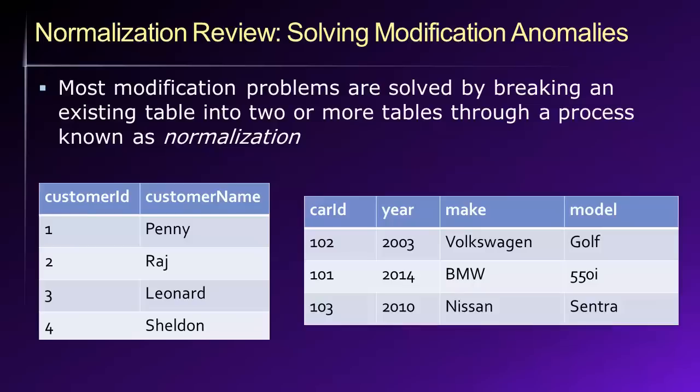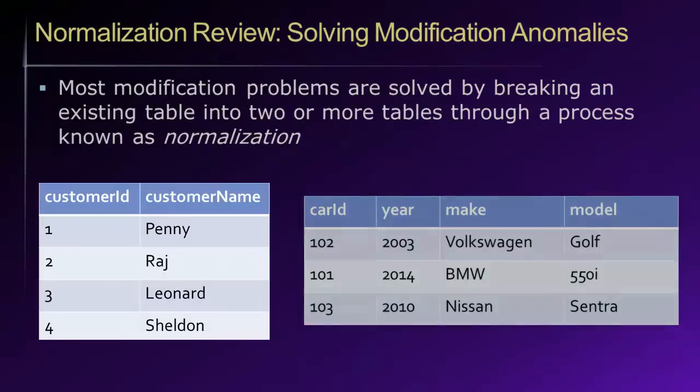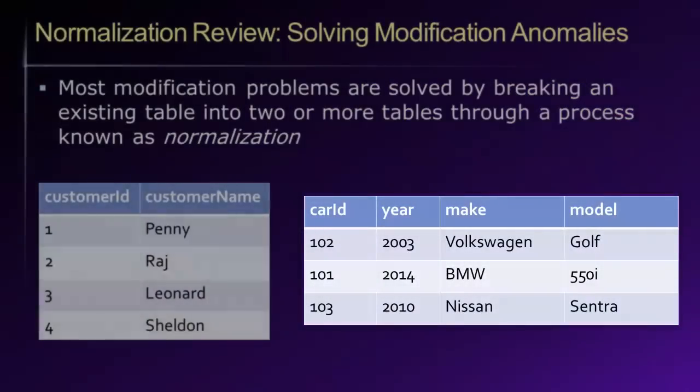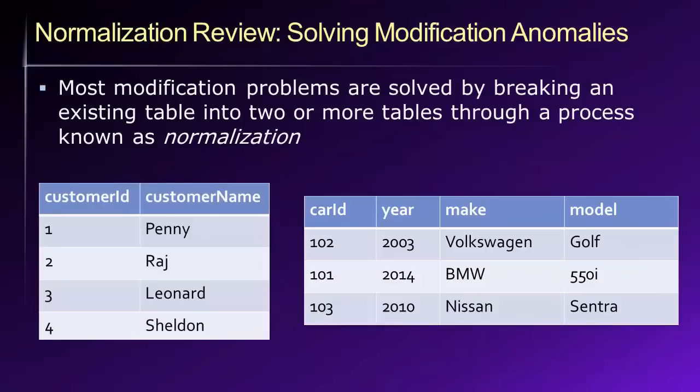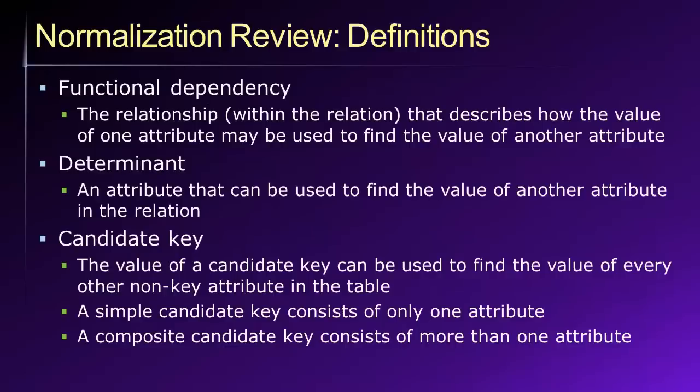That is, our list of data contained information about customers and cars in the same list. By breaking that list apart into two separate tables, say a customer table and a car table, we now have a data design that allows us to add, update, or delete data without introducing any anomalies into the database.